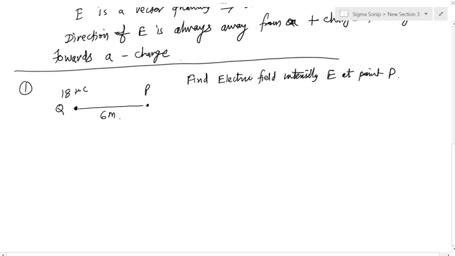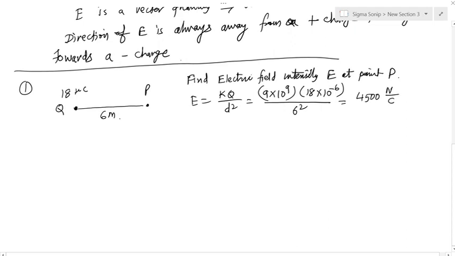So formula is E is equals to KQ over d square. So K is 9 times 10 to the power 9. Q is 18 times 10 to the minus 6 coulomb, and 6 square is this, and that gives me a value of 4,500 Newton per coulomb.